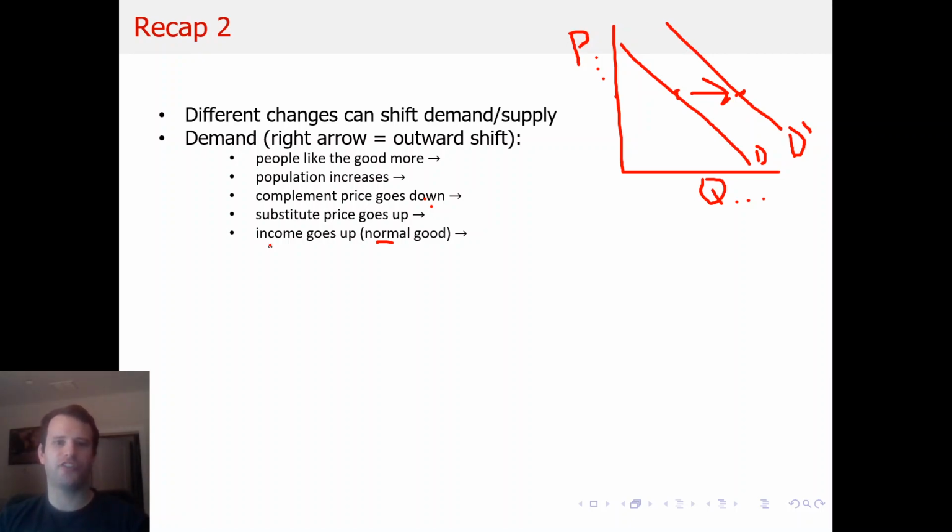A normal good is most things you'll consume, and you'll contrast normal goods with inferior goods, which have the exact opposite definition. An inferior good is a good for which, when income increases, you'll consume less of it. So normal goods are things you consume more when you're richer, and inferior goods are goods you consume more when you're poorer.